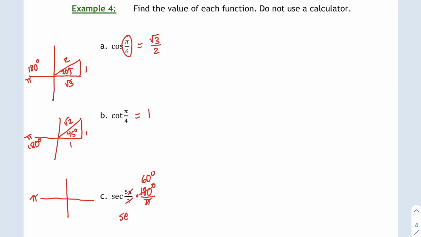So that's the same thing as secant of 300 degrees, which means, ooh, ugly picture, I've got a 60-degree reference angle. And if I'm thinking about secant, make sure you think about your positives and negatives here. Adjacent over hypotenuse would be cosine. So this is going to be hypotenuse over adjacent, which is just going to be 2 over 1, and it's positive.